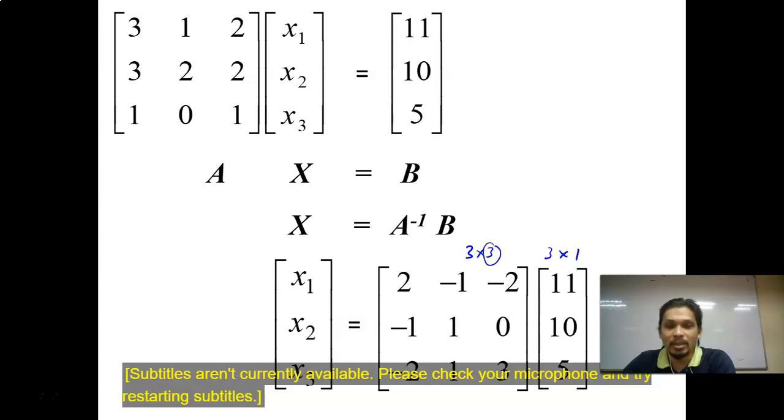Look at this one here now. A inverse is a matrix of size 3 by 3, with 3 rows, multiplied with the column of size 3. So finally, it's going to give you a matrix of 3 by 1.